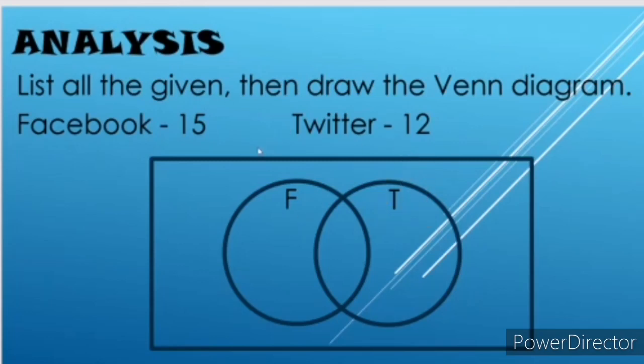Okay, so sir, paano po yan? Sabi natin 15 yung Facebook, 12 yung Twitter, a total of 27. So yung technique natin dito, kung napapansin niyo 15 and 12, ang total niya ay 27, but there are only 25 students na gumagamit ng Facebook, Twitter, or either. Okay, that means merong dalawa na sobra. Ibig sabihin yung dalawa ay gumagamit ng Facebook at Twitter.